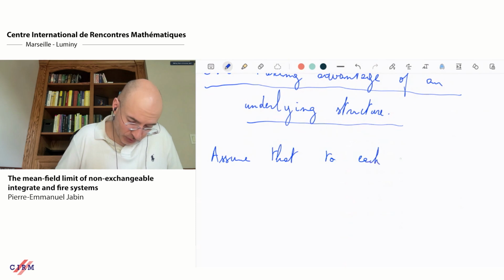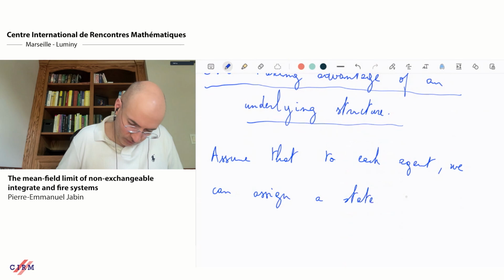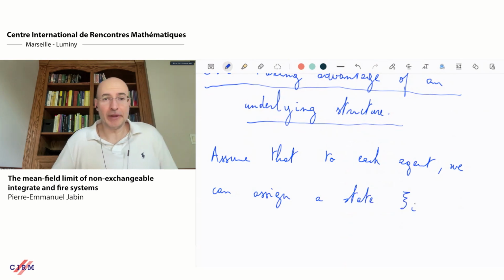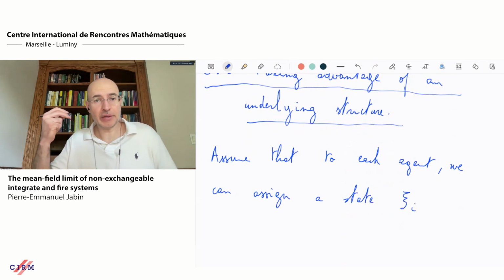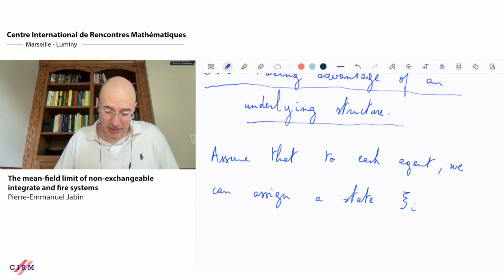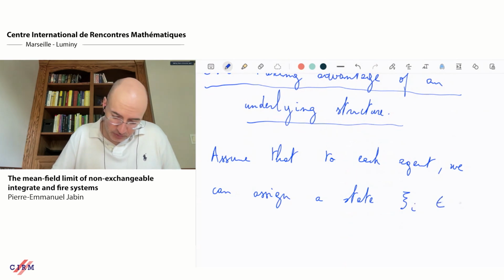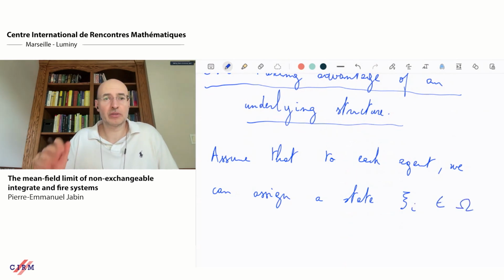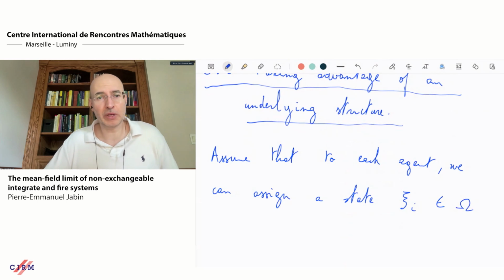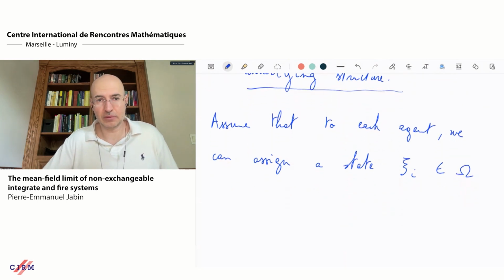Well, let's assume that to each agent, we can assign a state. Psi I, right? So to agent number I can assign a state psi I. Psi I is in some space omega, and let's not be too precise about what omega is. You'll see actually in the end that you can always take a very simple structure for omega.